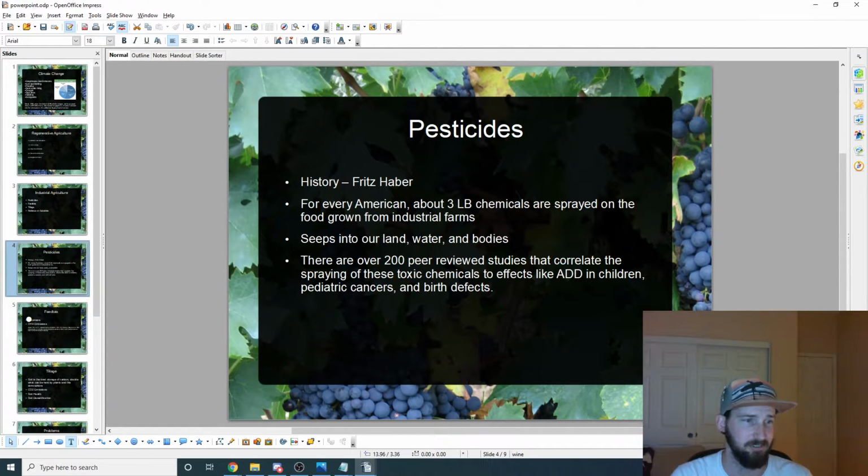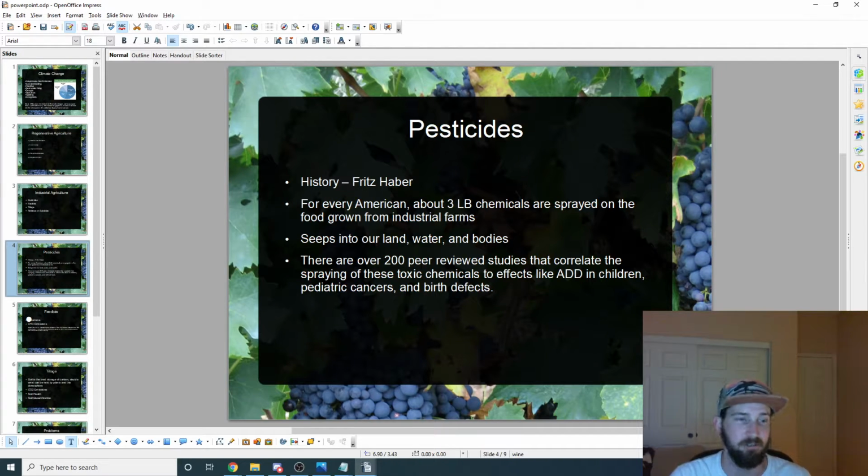The pesticides, as you can see from here, you get 3 pounds of chemicals sprayed for every American on industrial farms. This just leaks into the land, the water, our bodies. So prenatal women and women who are breastfeeding are exposed to this stuff.